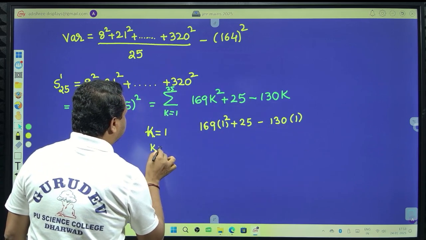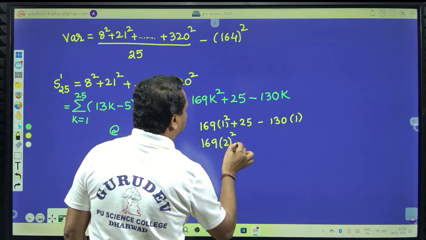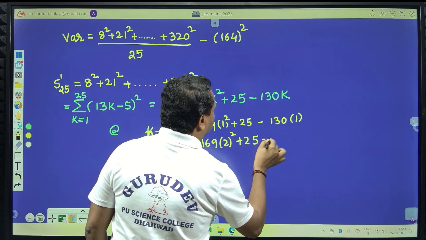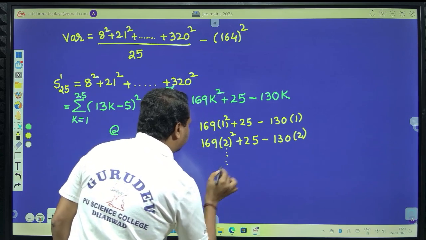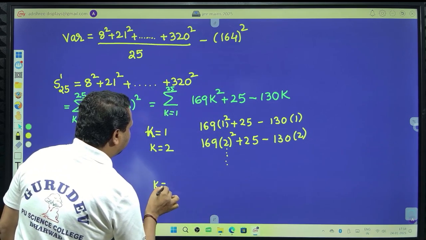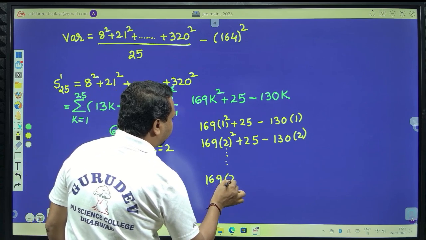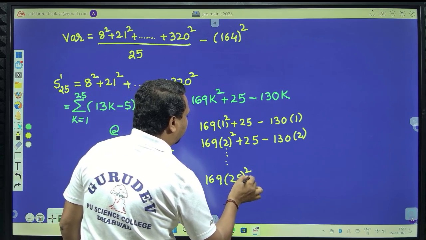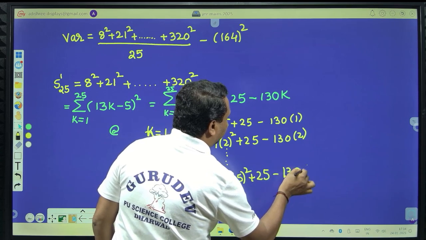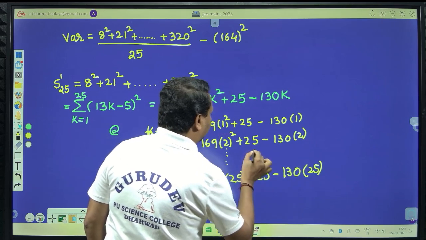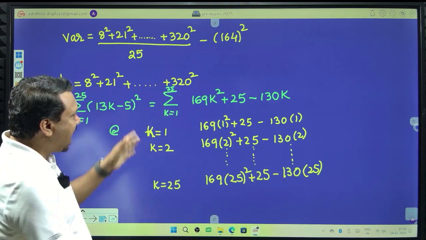If I take k equal to 2, 169 into 2 square plus 25 minus 130 into 2, and it goes up to k equal to, how many terms do we have? 25. 169 into 25 square plus 25 minus 130 into 25. Done? Right? Now, you are adding all these terms.